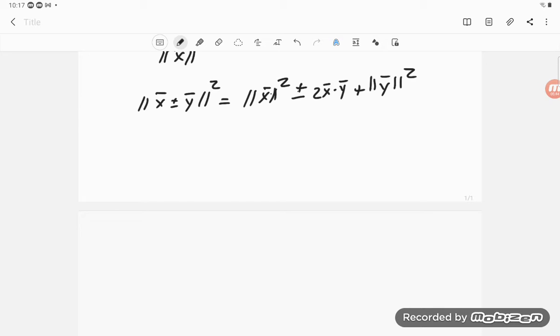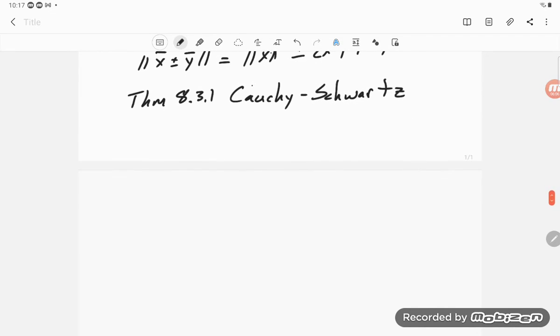Okay, and so then they go through. They mention the theorem 8.3.1 is Cauchy-Schwarz. Okay, and again, the Cauchy-Schwarz is that the absolute value of x dot y is less than or equal to the norm of x times the norm of y.